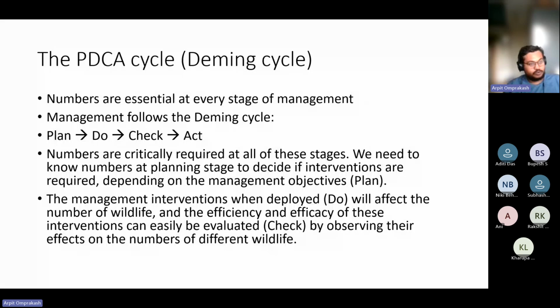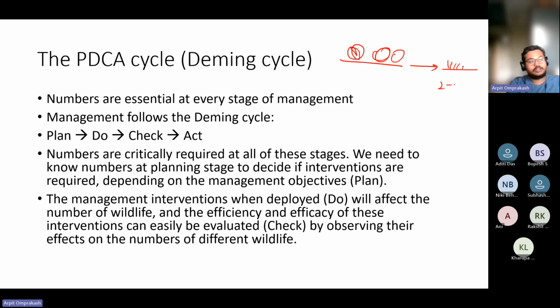And after you implement something, you need to check or evaluate how well your intervention is performing. For example, in the same case, we have an area with few deer, and we want to increase their number. So we plant more grasses and herbs that these deer can eat. We plant it for, let's say, 2 or 3 years.